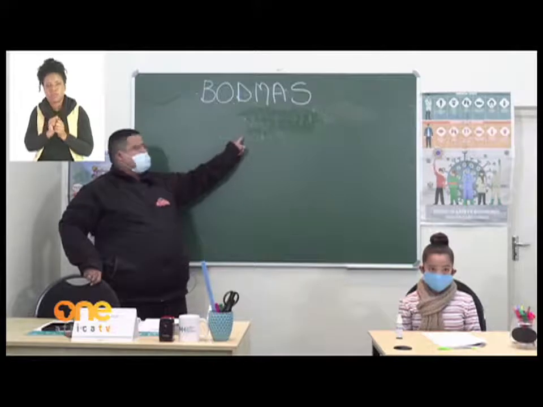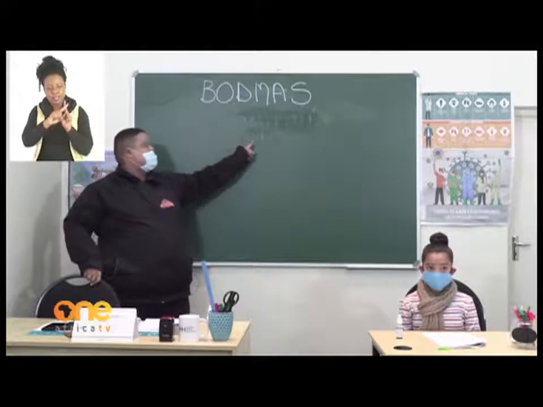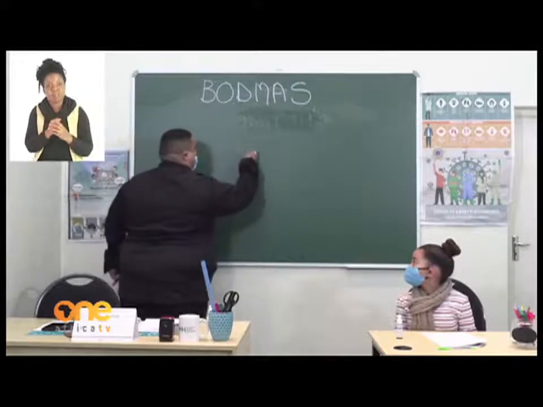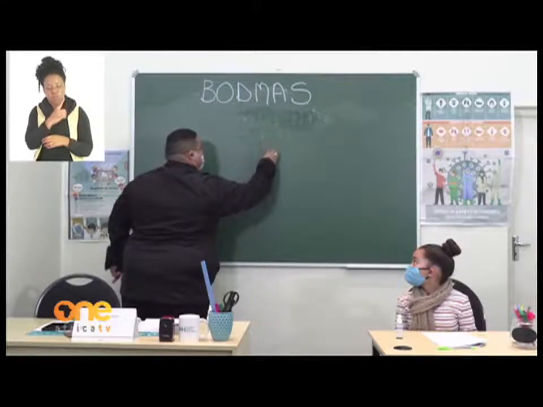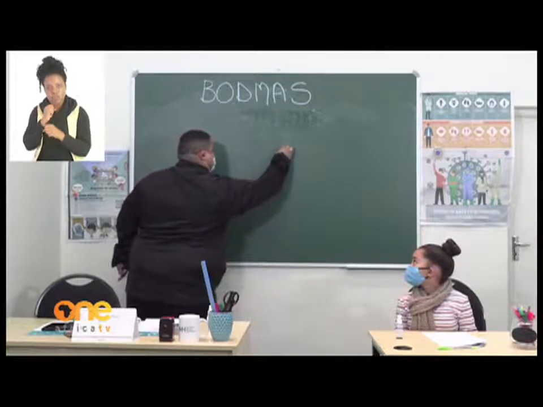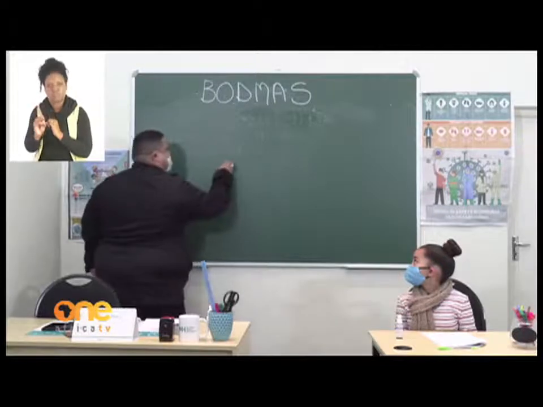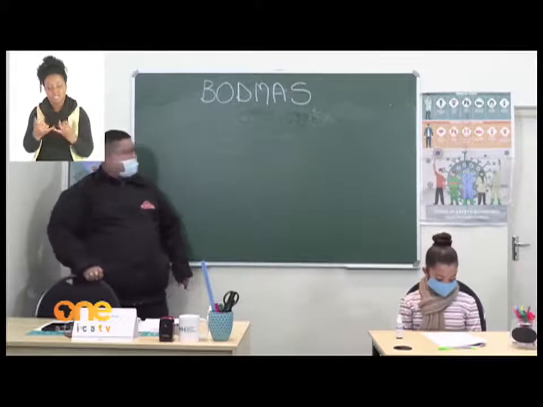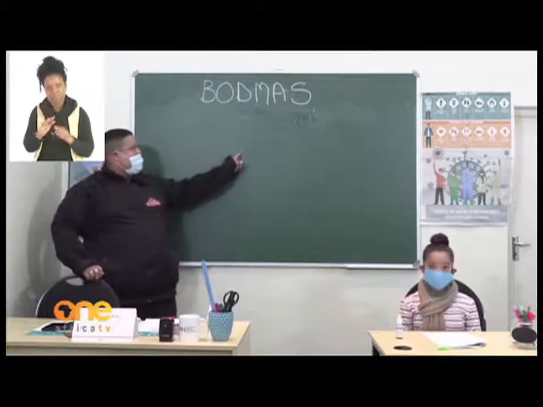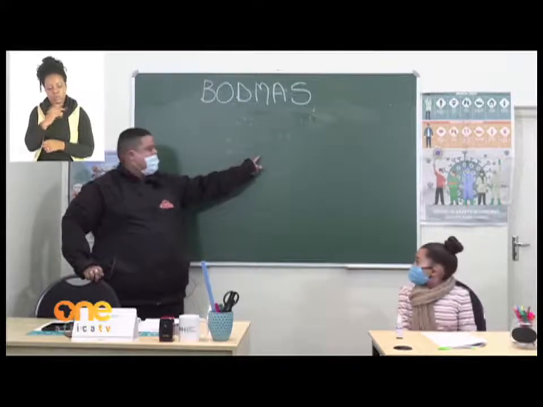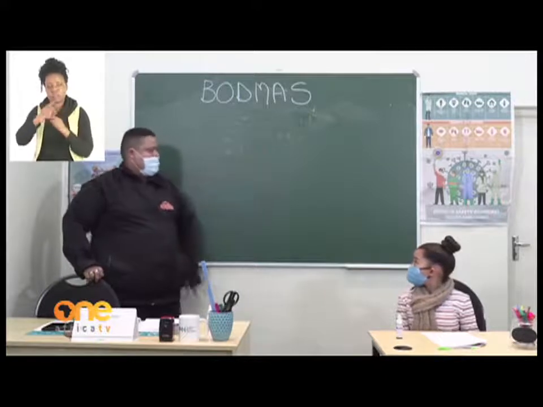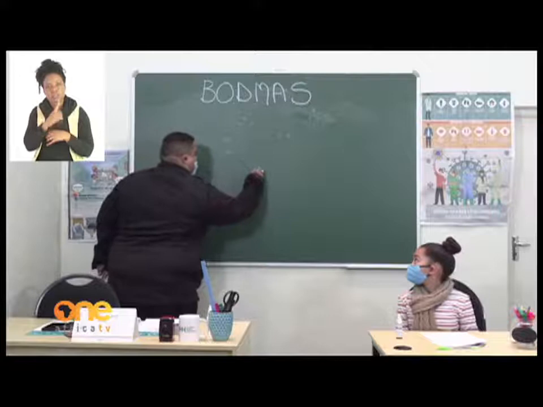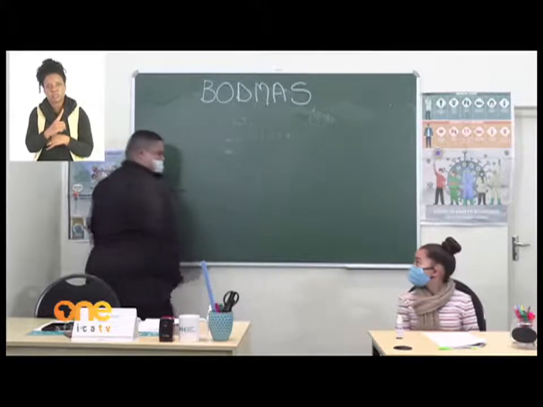So we're going to say 10 times 12, and 10 times 12 equals 120. And then we're going to add plus 24. And now we are going to do the last part of our sum. We're going to say 120 plus 24, and that is equal to 144.